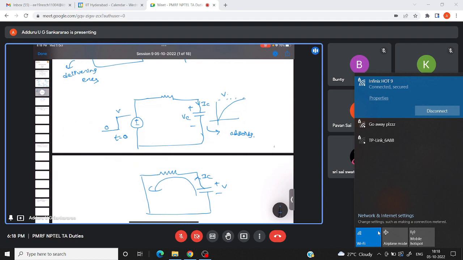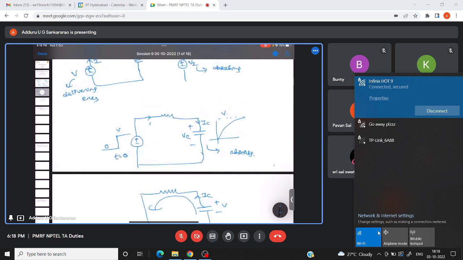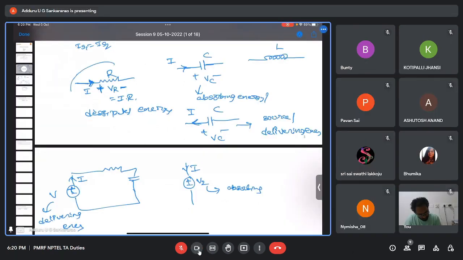But in both the cases, in resistor here current is entering here. In both the cases, in resistor, always, wherever the current is entering, that is the plus terminal, and wherever the current is leaving, that is the minus terminal. Current will flow from plus to minus.